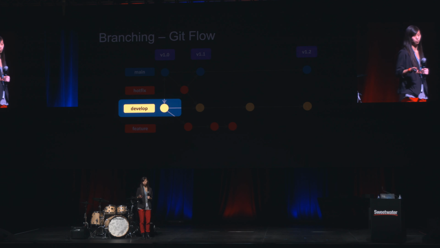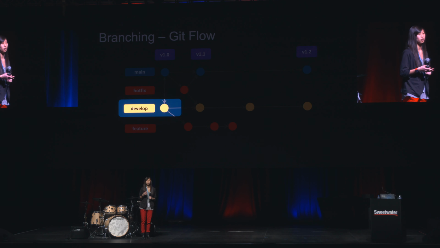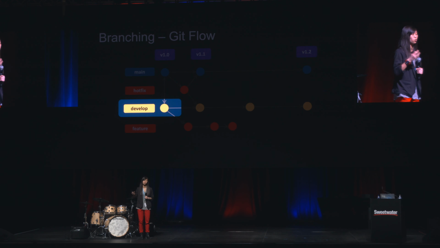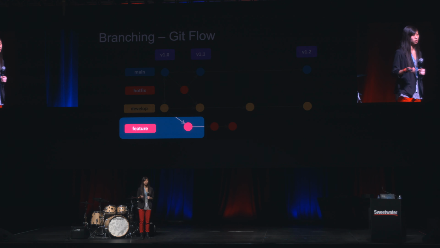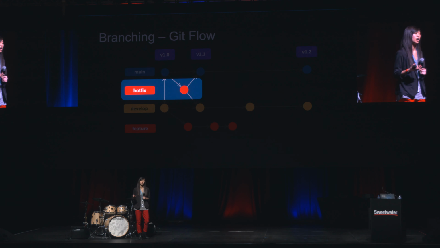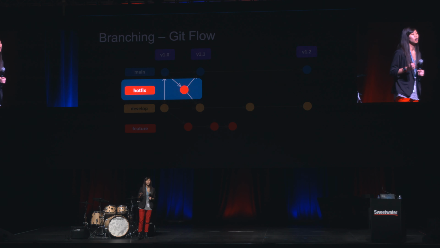You create a develop branch or a development branch. This is where you're actively developing the new features, and this is stable code that will go into the next release, but it's not in production just yet. You have your new features. Every developer can have their own feature branch, or even one developer could have multiple feature branches. And then lastly, you'll have a hotfix branch. This is like, oh no, we found a breaking change in production, it's failing every single time a user does something.